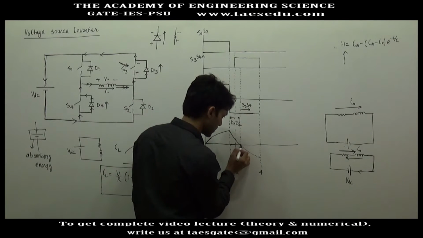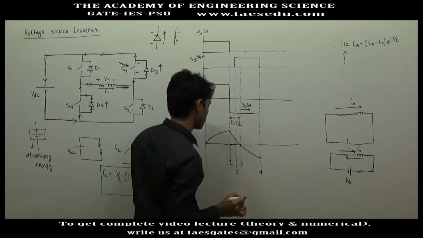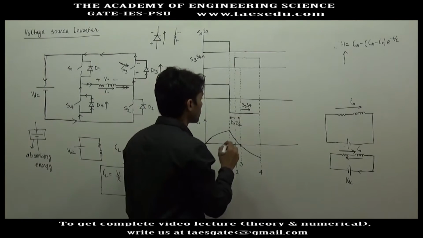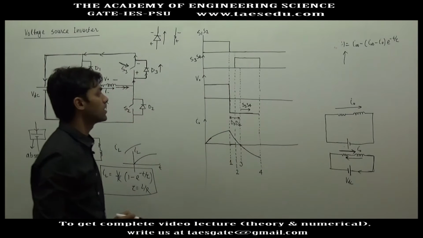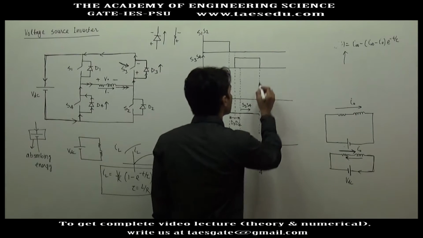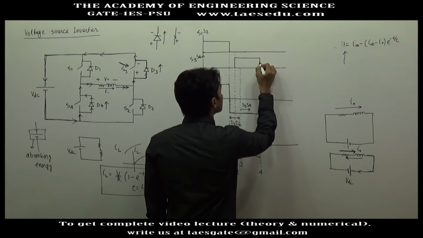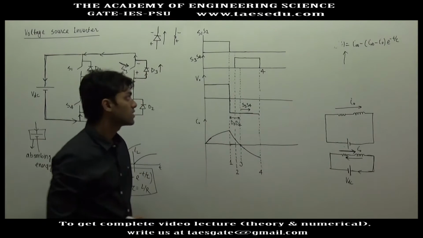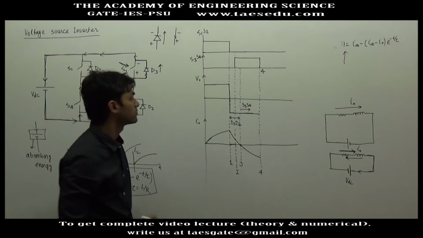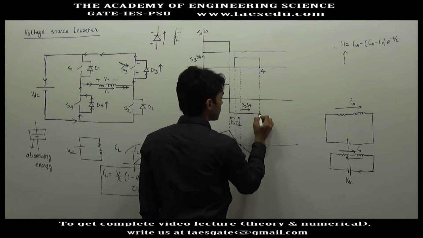Let's say this current will rise up to this value. At instant 4, S3 and S4 are disconnected, these are commutated. Now what will happen?